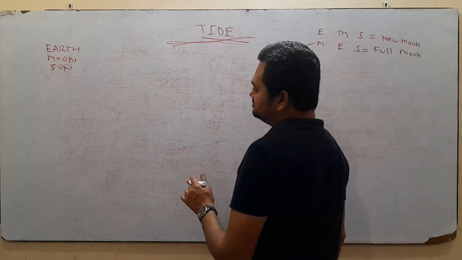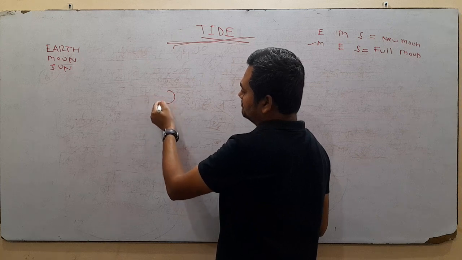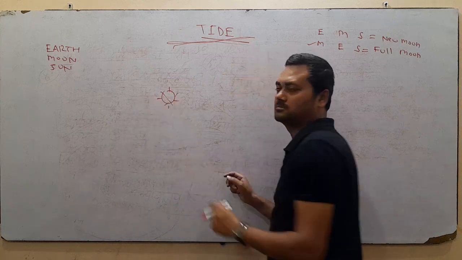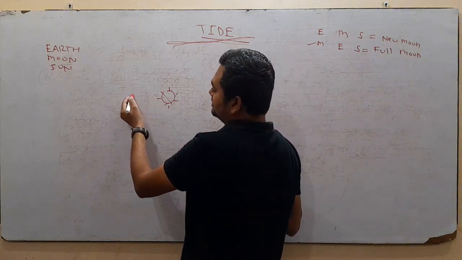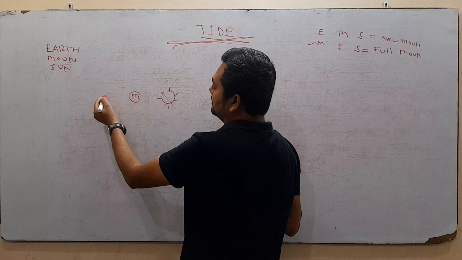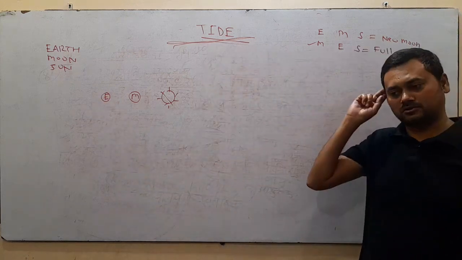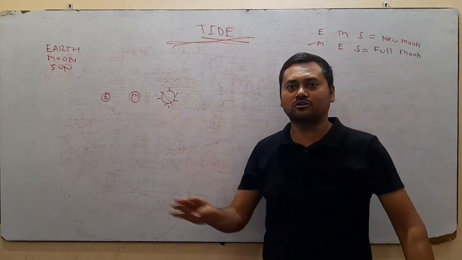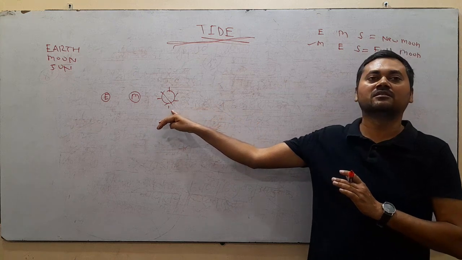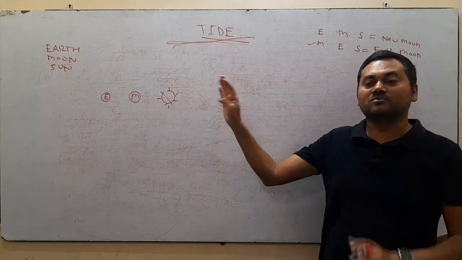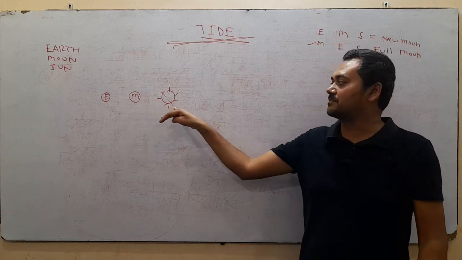So let's assume, this is the sun, and this one is the moon, and this is the earth. You should know one thing, that the moon is smaller in size in comparison to the sun, but it plays a more crucial role in generating the tide as compared to the sun.